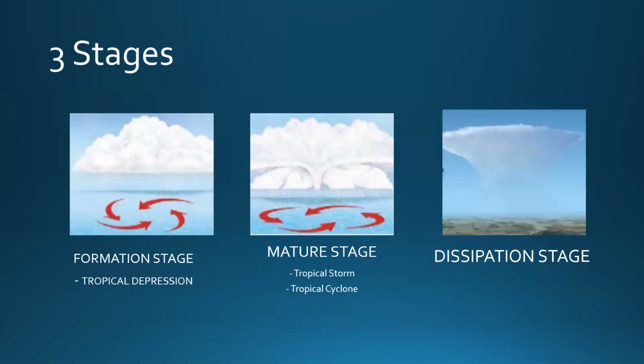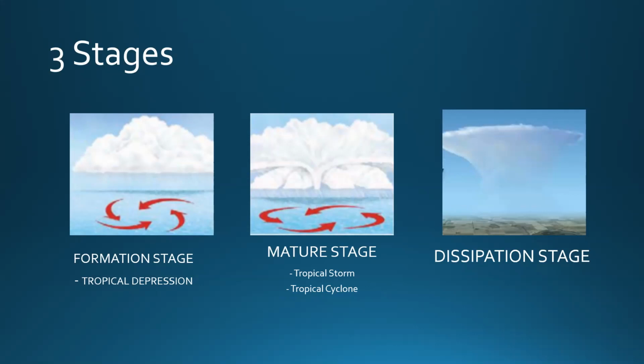If you notice, the first two stages have subcategories that storms can be classified as. In the formation stage, once this storm begins to create itself, it can go into what's called a tropical depression category. Depending on the wind speed, it can be classified as a tropical depression, and that's just the name of the storm. Whereas in the mature stage, you can have two categories.